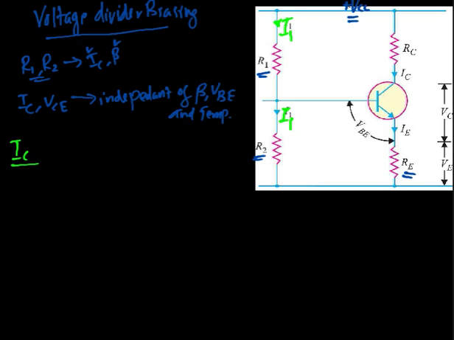Usually in practice, the value of I1 is chosen to be 10 times IB. So it is reasonable to take the current flowing through R1 and R2 as the same, I1 itself. The voltage that appears across R2 is taken to be V2.